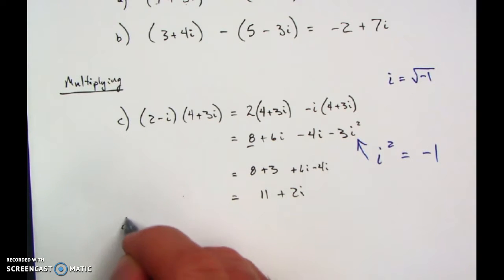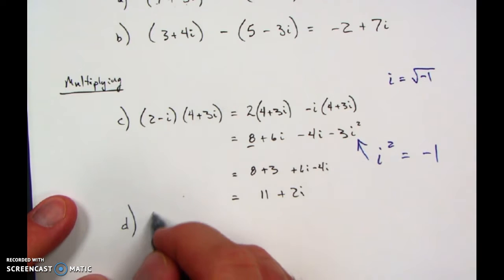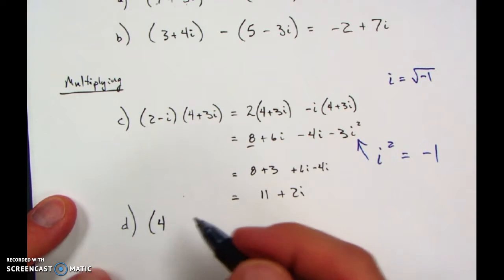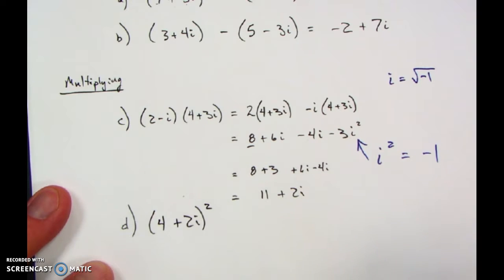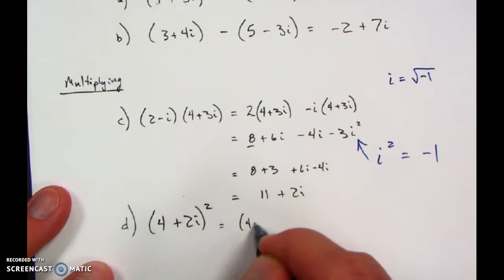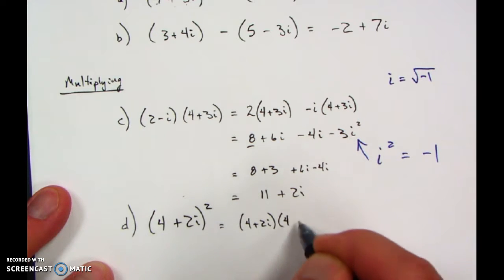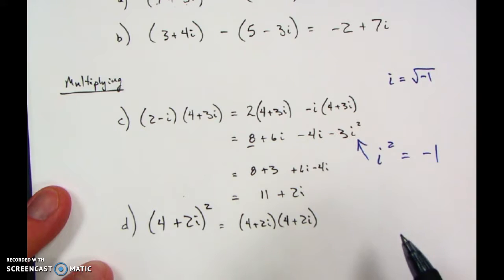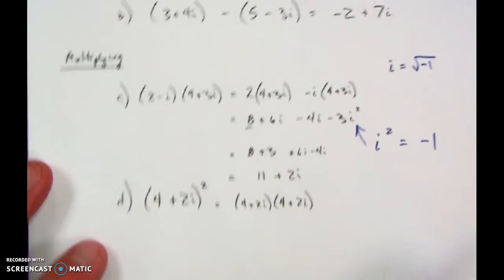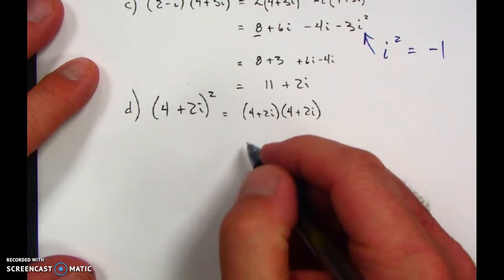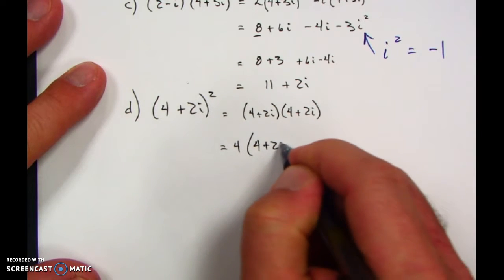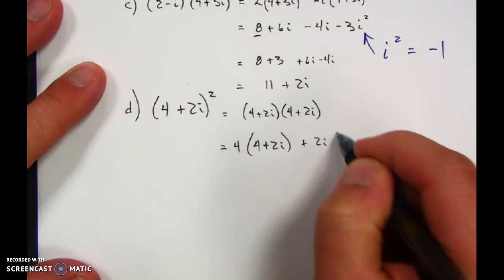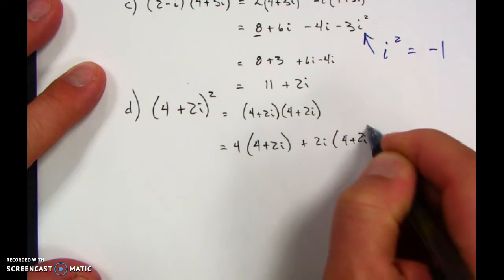And if we have a quantity squared, let's say I'm squaring my complex number of 4 plus 2i. Again, we can think of that as 4 plus 2i, 4 plus 2i, where I FOIL that, or again, I could separate it as we did the one above. So what I have is 4 times a quantity of 4 plus 2i, plus 2i times a quantity of 4 plus 2i.